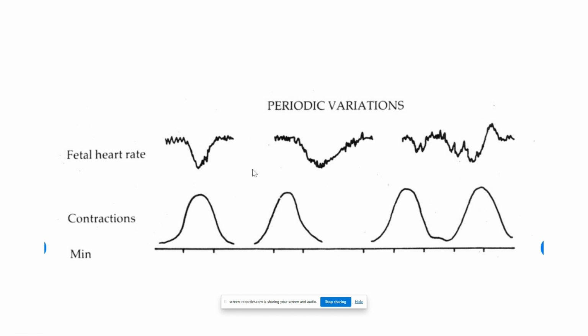We know that when a mom has a contraction, there is very little oxygenation happening to the fetus during that time. So when mom has a contraction, the fetus has to resort to the stored oxygen in the placenta. So, what does that mean?